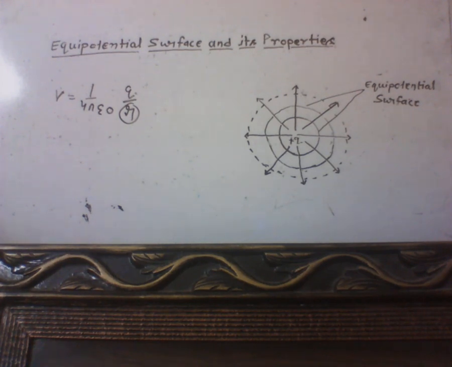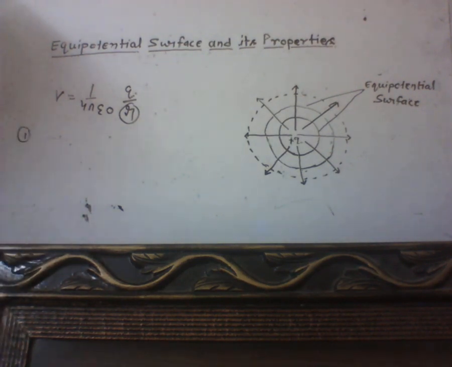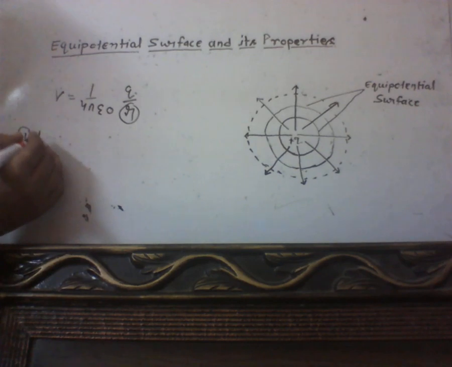Now coming to the next, what are the properties of equipotential surface. Coming to the first property: no work is done in moving a charge from one point to another point on an equipotential surface.